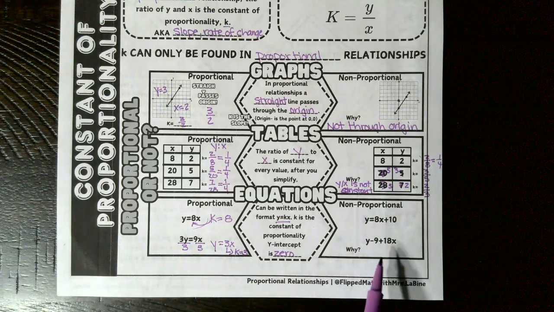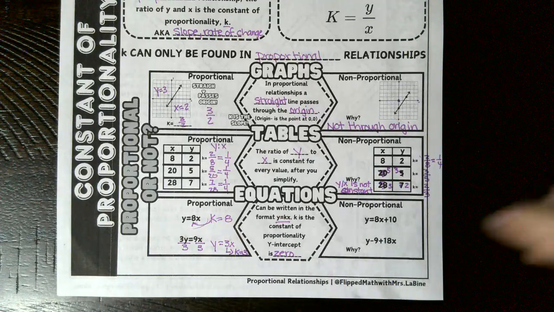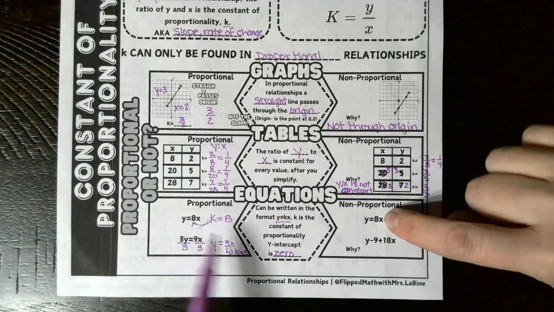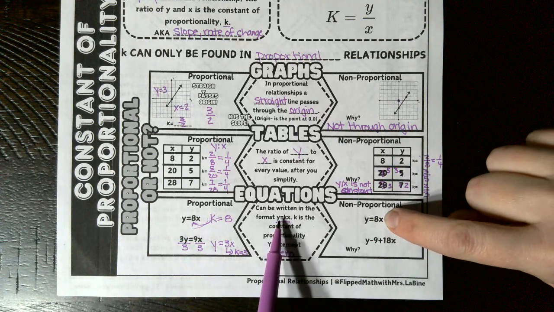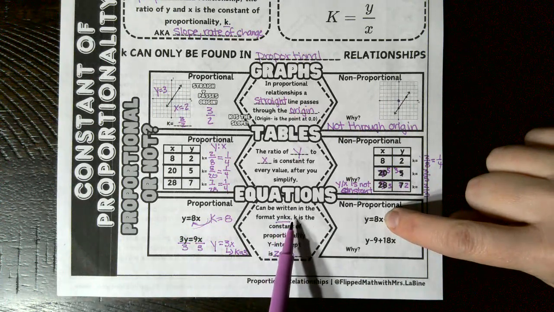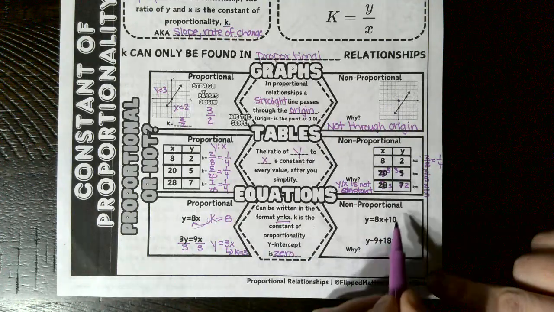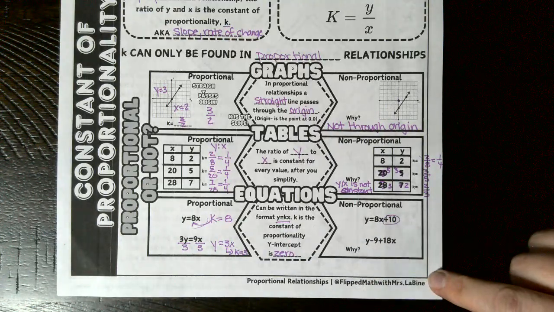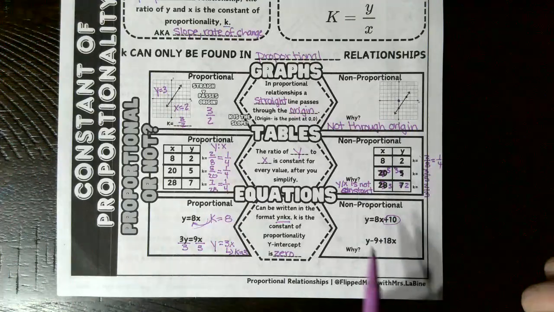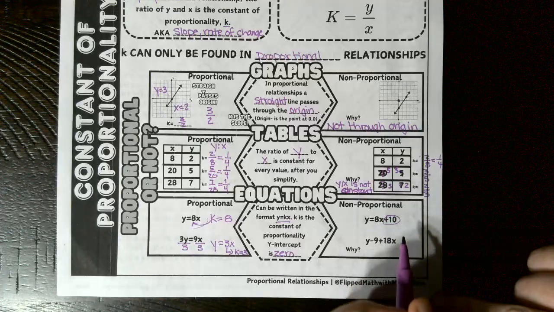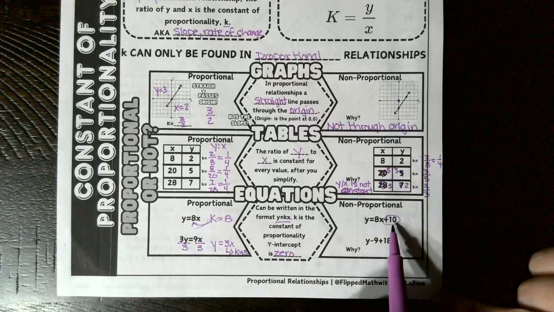So let's look at this side. These are not proportional. And here's why this one's not proportional. Because this problem, if I had it just like this, which looks like that one, right, it would be proportional because y equals k times x. But now that I'm adding this plus 10, this is a non-zero y-intercept, because the y-intercept is this number right here, which I don't know if you guys have learned much about that in sixth grade.